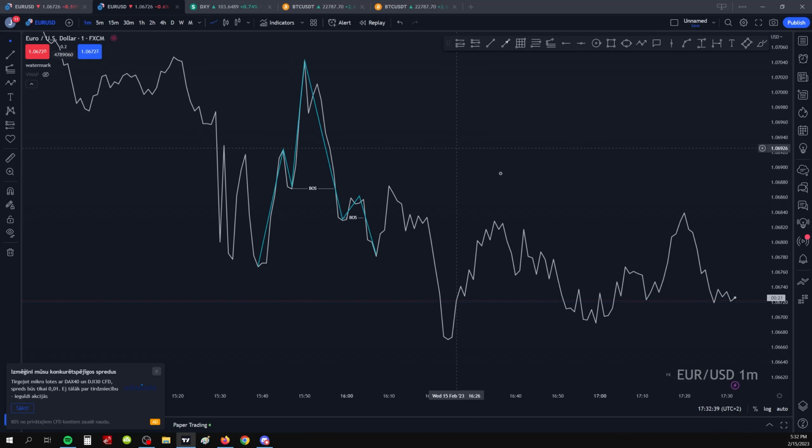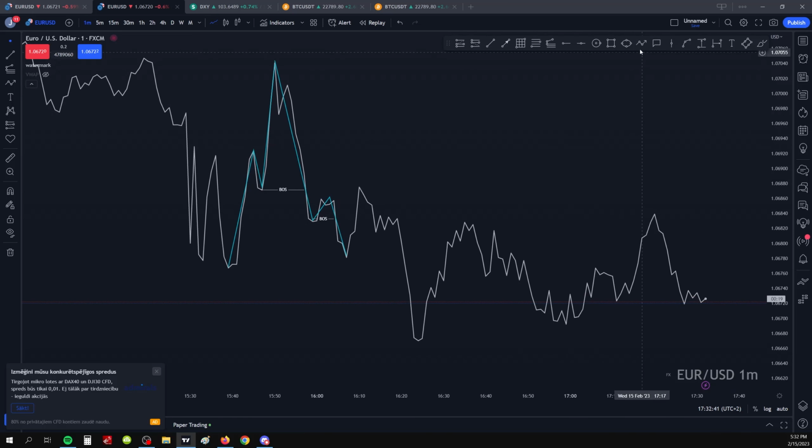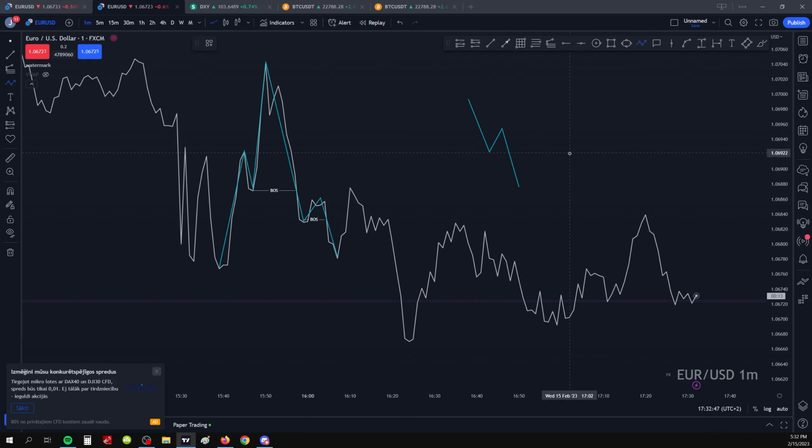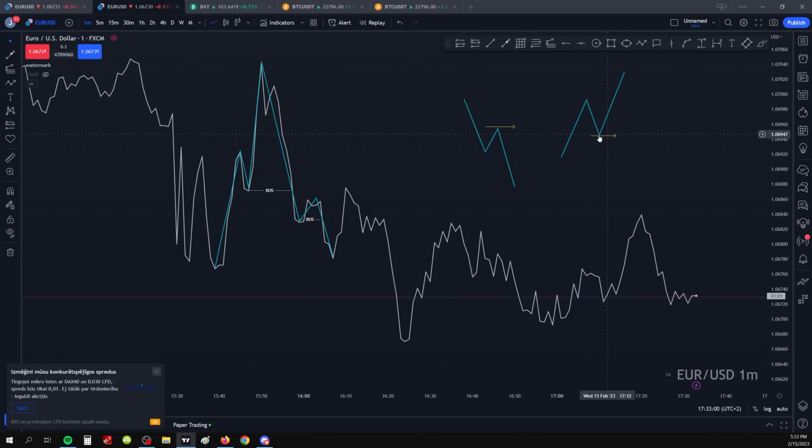Now, as I said, the market will move after we take out stop losses, right? We take this side or we take this side. If we are bullish, we take this side.